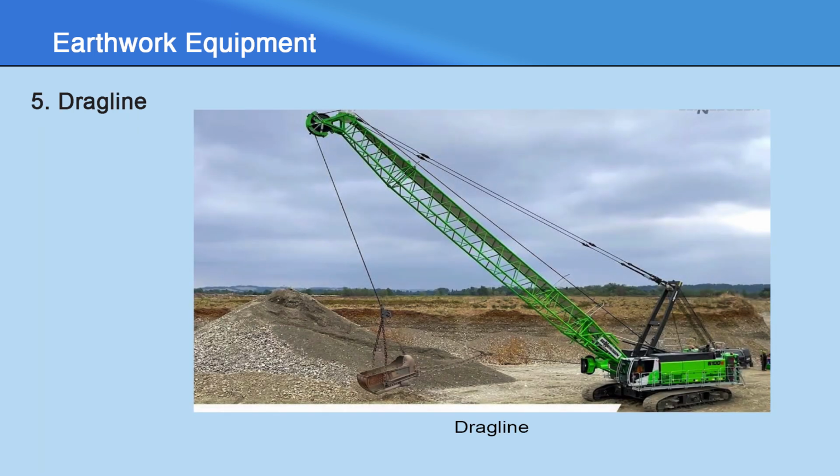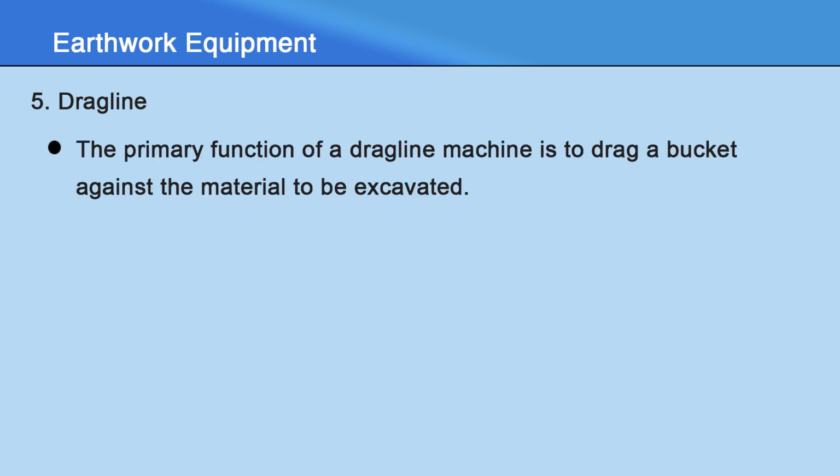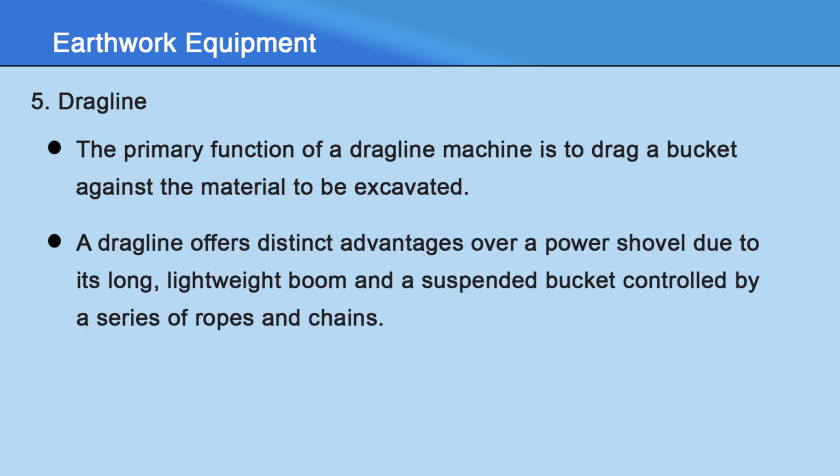Next, we come to dragline. The primary function of a dragline machine is to drag a bucket against the material to be excavated. A dragline offers distinct advantages over a power shovel due to its long, lightweight boom and a suspended bucket controlled by a series of ropes and chains.